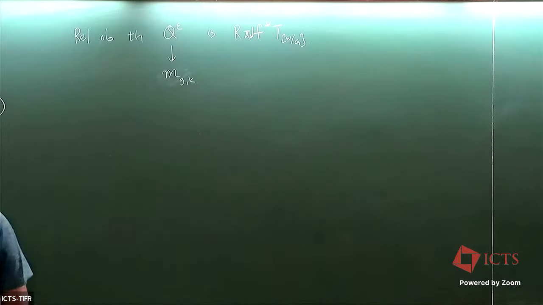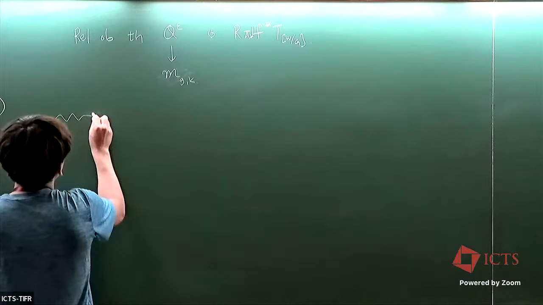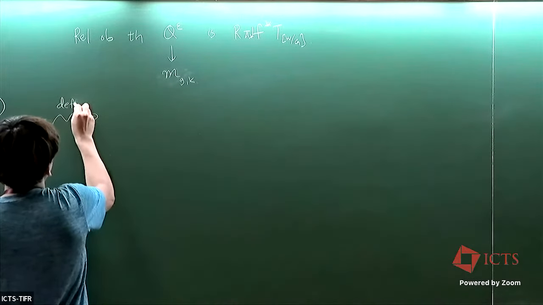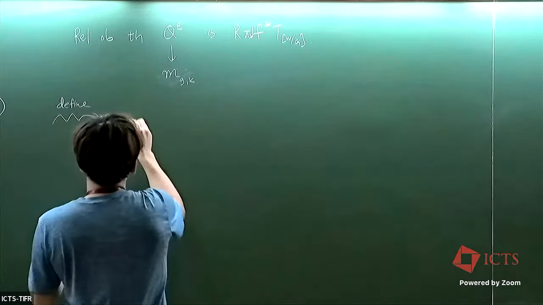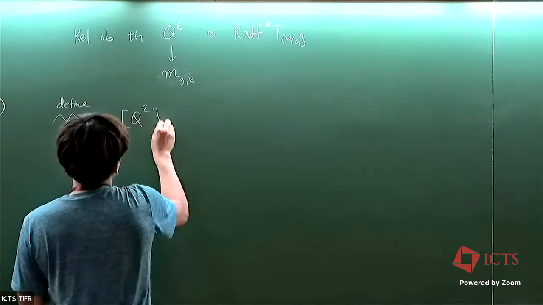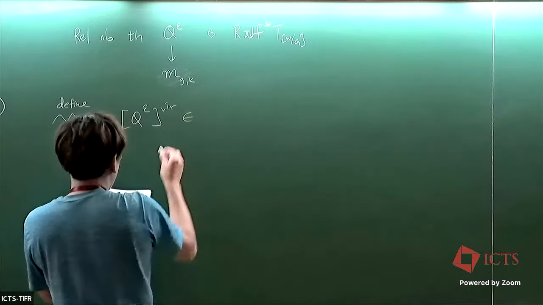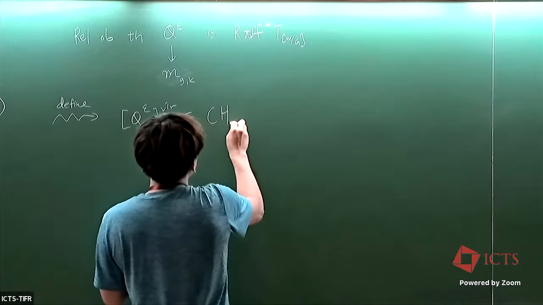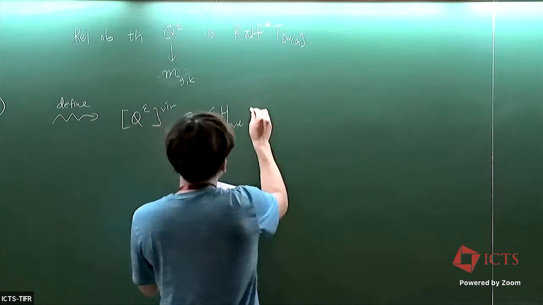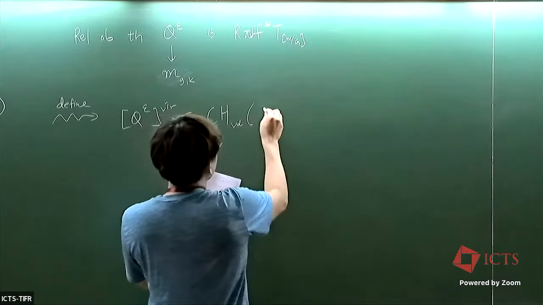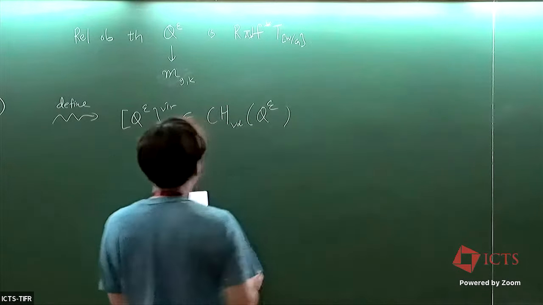Actually, this obstruction theory gives some virtual class, which lies in the Chow group of some virtual degree of the moduli space.